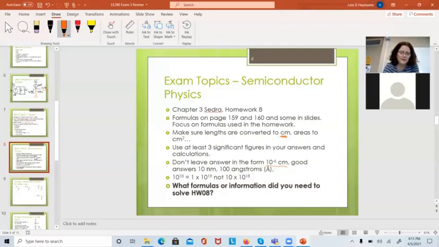When you're making your exam sheet, go and see what formulas and information you needed to solve homework 8. When you get that down on a piece of paper, that will really help you out. Approximately 1/4 of the exam is semiconductor physics, 1/4 is diodes, and the other half is all MOSFETs.